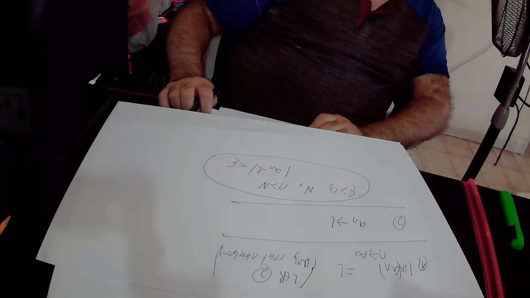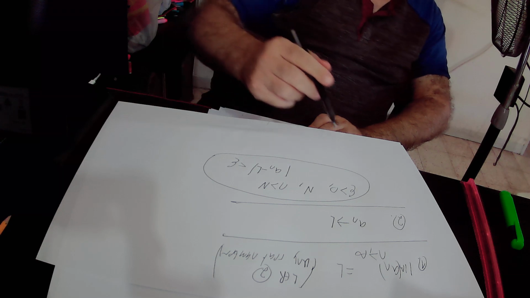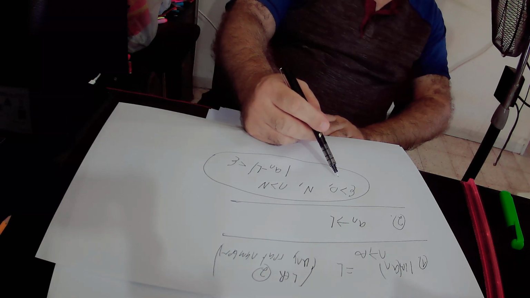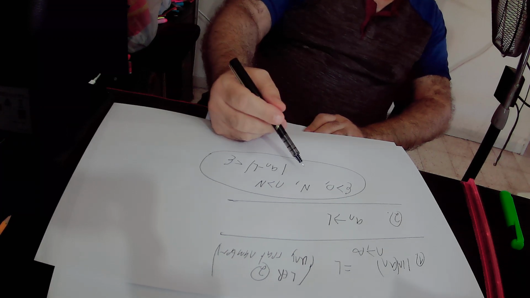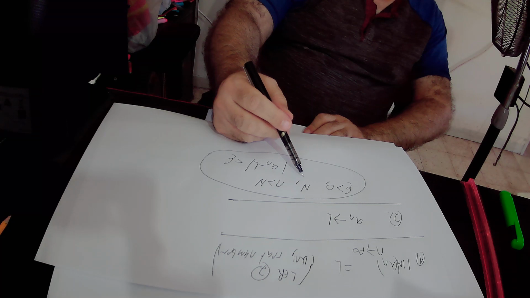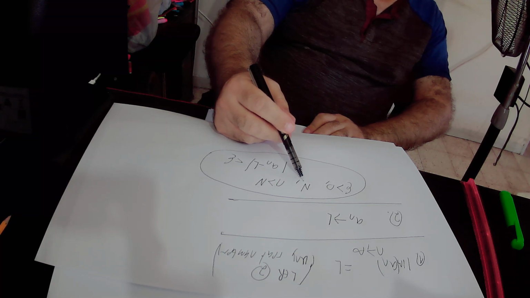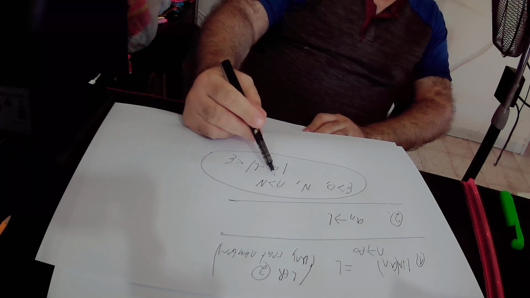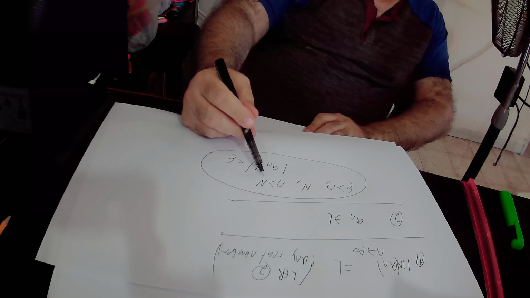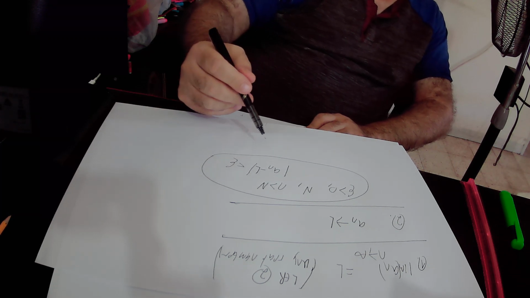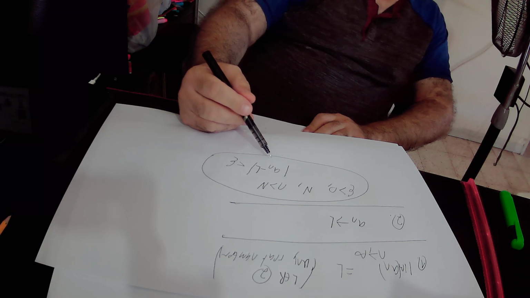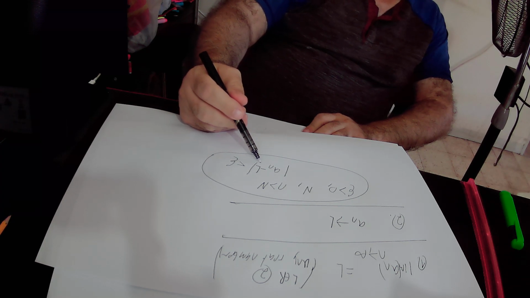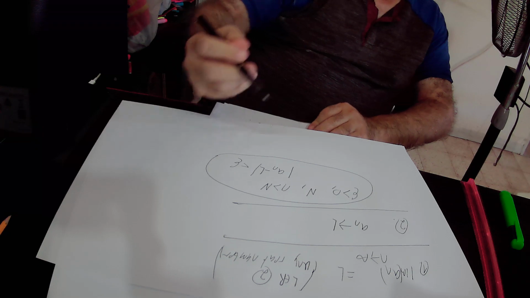I'll repeat again. For every positive epsilon as small as we would like, there must exist a capital N that belongs to the natural numbers, and for every n that is greater than capital N, we will get that the absolute value of an minus the limit L is less than epsilon.